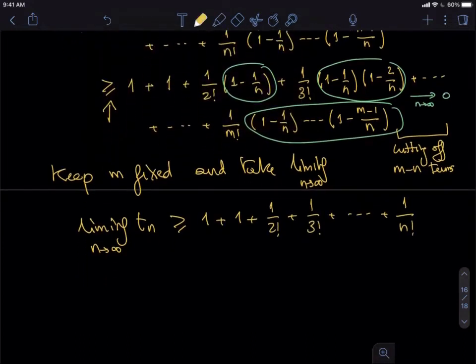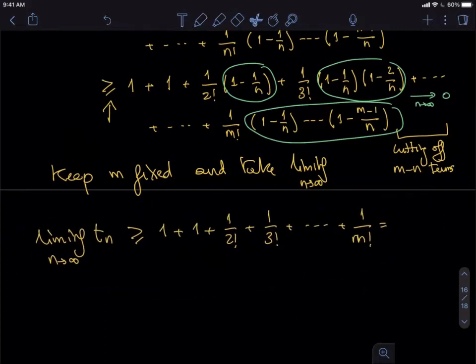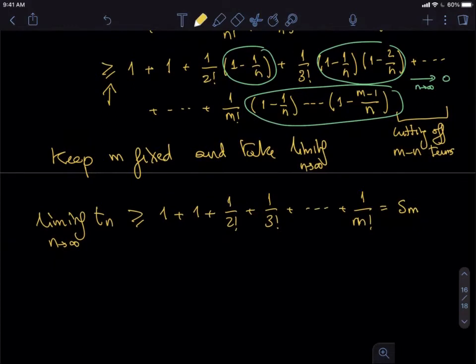Sorry, this is m, not n. I already took the limit as n tends to infinity, so there must be no n's left. Once I have this, what I get is Sm, the partial sum.